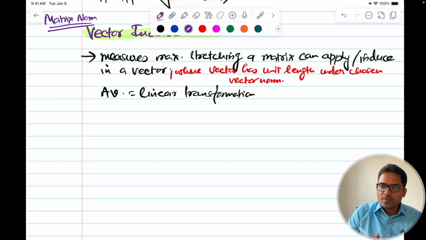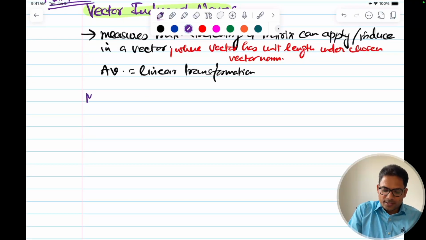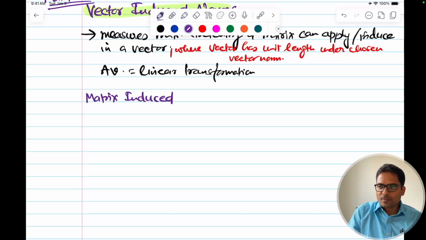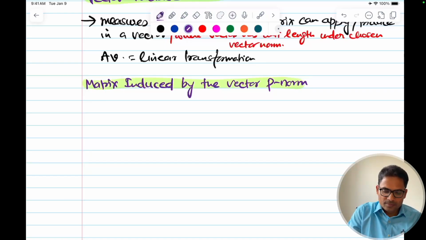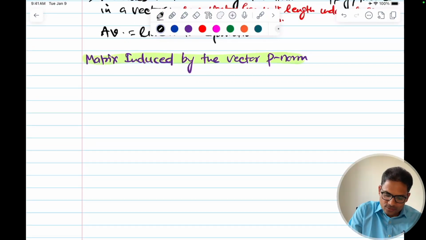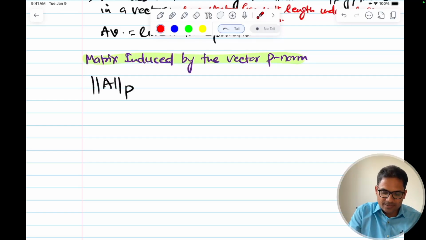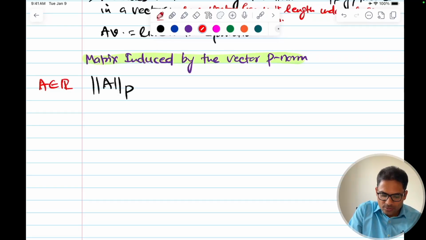Now let's see the matrix norm induced by the vector P norm. We have seen the vector P norm, so how do we write it? We write this as the P norm for a matrix A, where A belongs to R^(m×n).